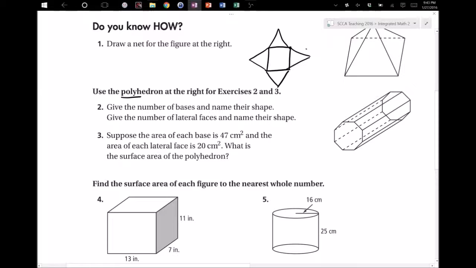So this has 2 bases, and they are octagons. And so that means there are 8 sides. So 1, 2, 3, 4, 5, 6, 7, 8. Since there are 8 sides, there are 8 faces, and each of those is a rectangle.